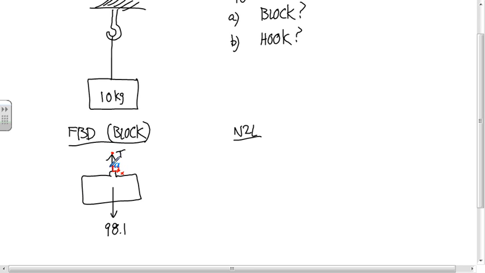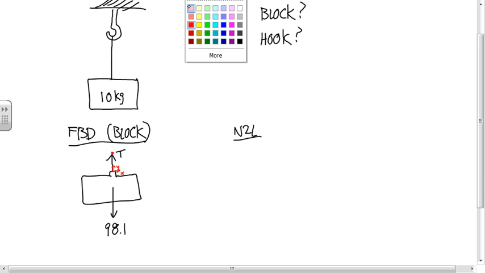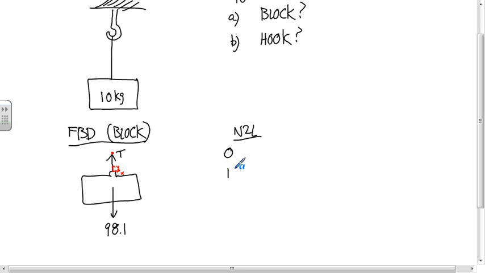If the length of this vector is T, you just have the entire T acting in the positive Y direction. So that vector is just going to be 0, T. Another way to think about it is the counterclockwise angle from the positive x-axis to the vector is 90 degrees. So you could do T times cosine of 90, T times sine of 90. Cosine of 90 is 0, sine of 90 is 1. So no matter which way you do it, you end up with 0, T.